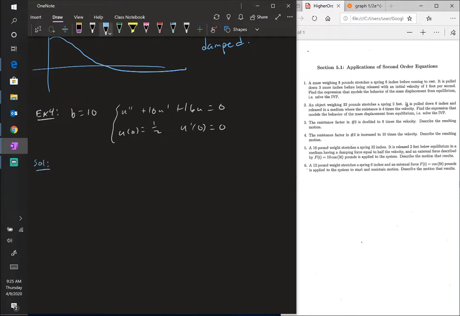The solution is going to be, let's see, m² + 10m + 16 = 0. And we should factor that as (m + 2)(m + 8). m1 = -2, m2 = -8. And so u(t) can be C1 e^(-2t) + C2 e^(-8t).